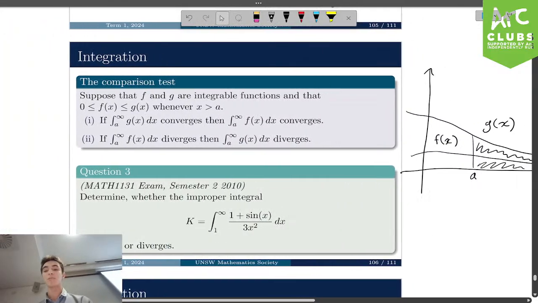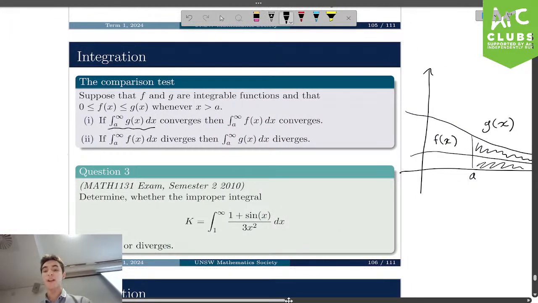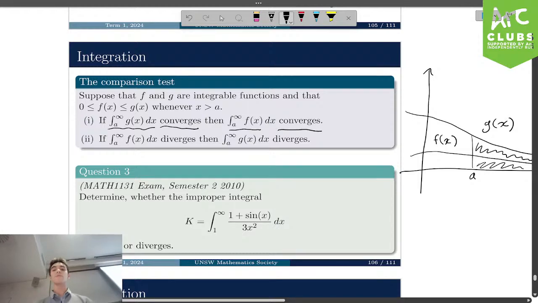And that's what it says. If this large value converges, then this smaller value must also converge.